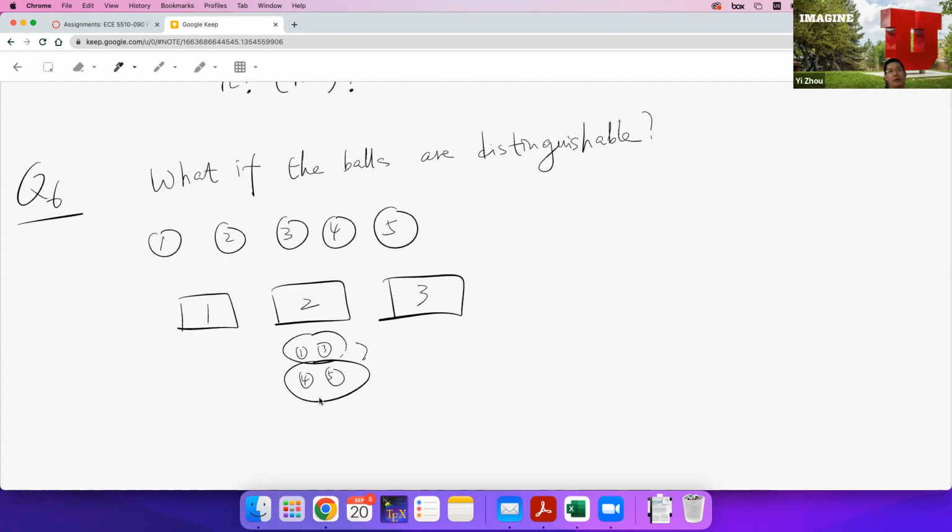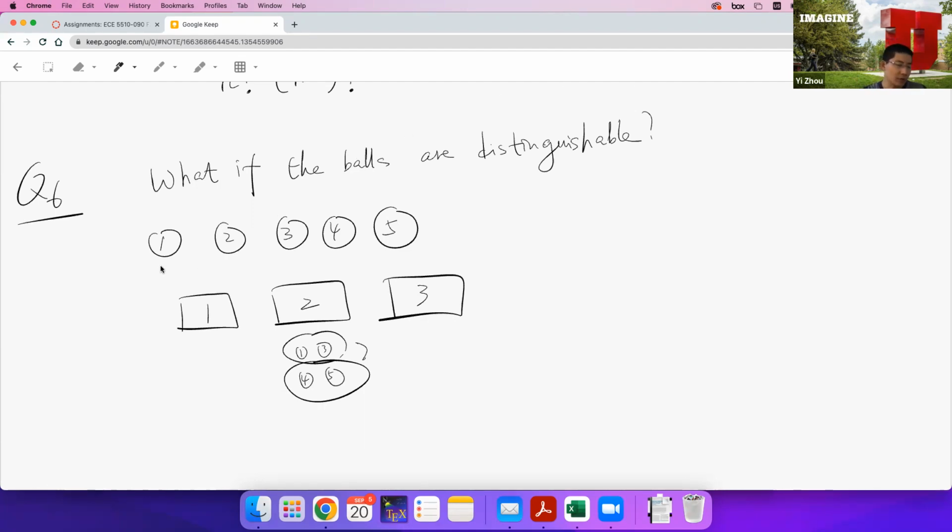So if the balls are distinguishable, then we have to treat every ball separately, right? Because the first ball is different from all the other balls. Every ball is different from all the rest of the balls. So we have to consider this process one by one, separately for each ball.